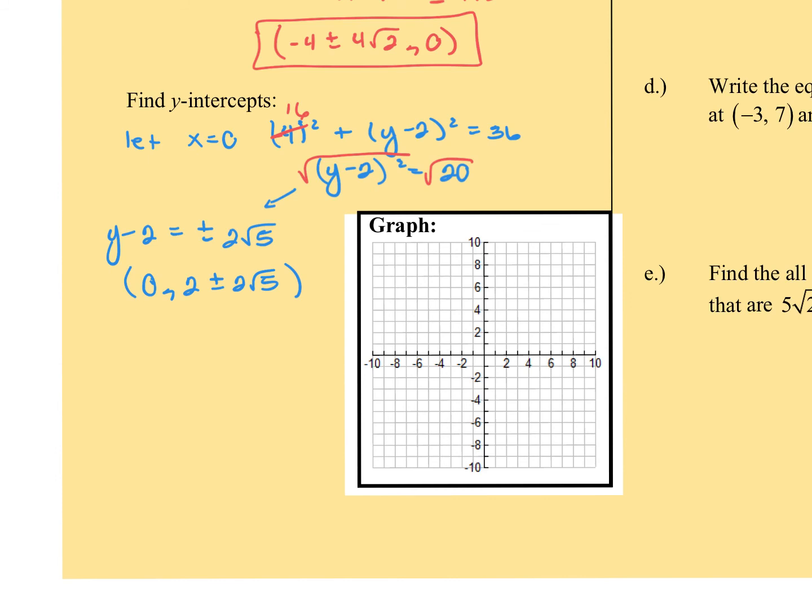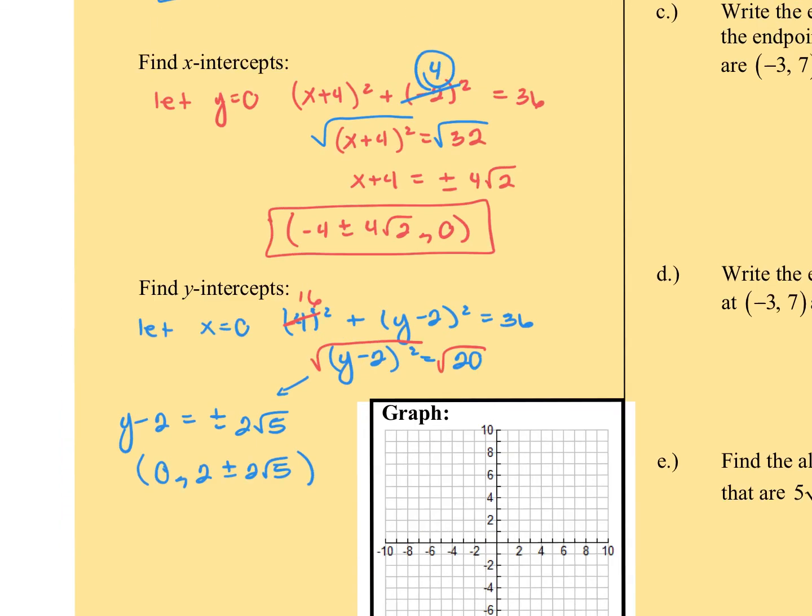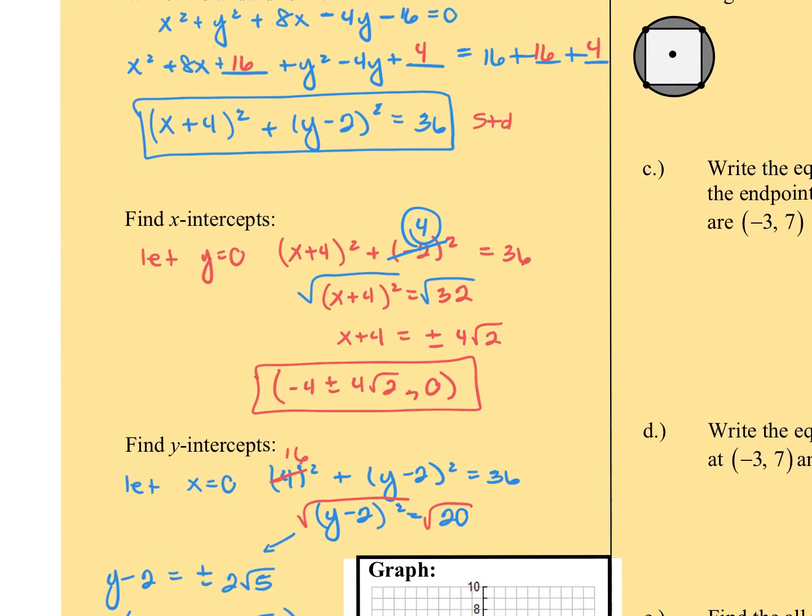The last thing that we do want to look at is how to graph. I'm not looking for perfect graphs here, but I am looking for your graph to look reasonably like a circle and not like a football when we're done. From our standard form equation, let's come back up here and take a look at this.